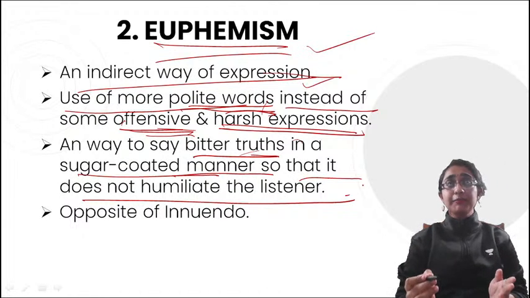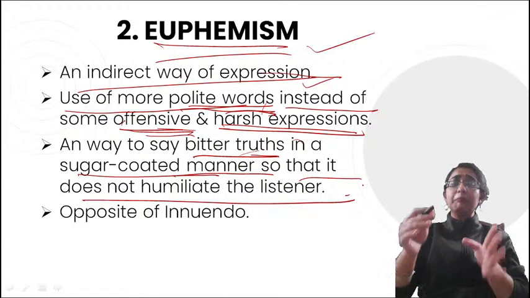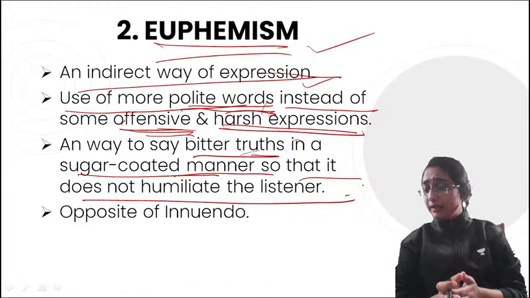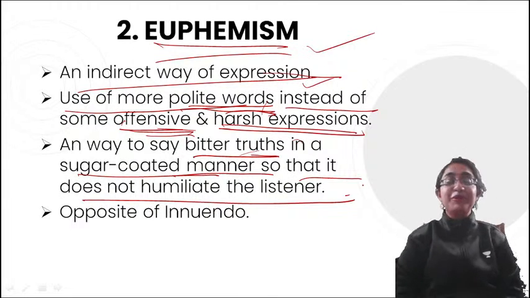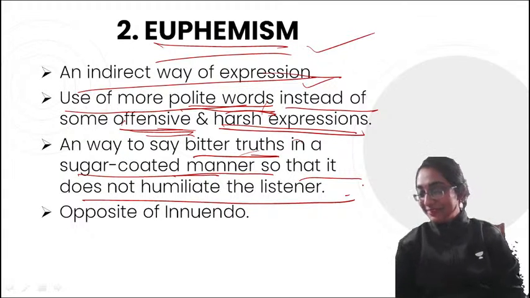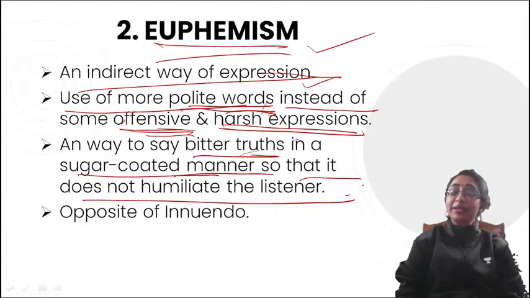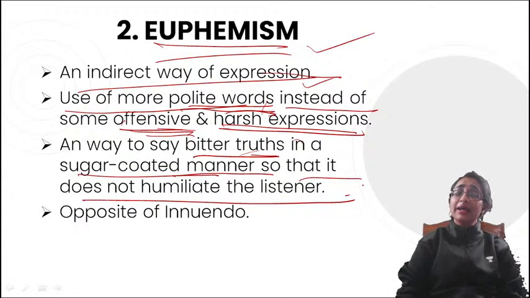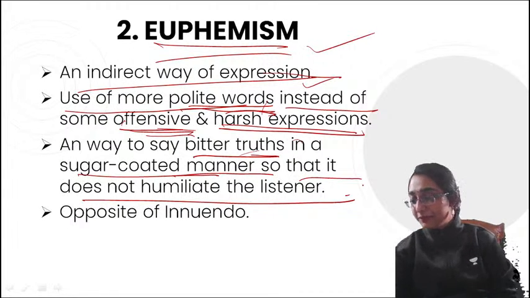But in euphemism, the speaker is actually trying to present some very bitter truth. What do you say in Hindi? Kadwa sach, right? Am I saying right? So any kind of kadwa sach can be told in a very sugar-coated way. So that is euphemism: when you say some bitter truths in a more polite, more formal way, so that the listener will not get offended. That is the purpose of euphemism.